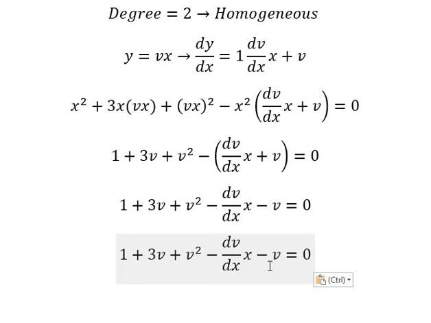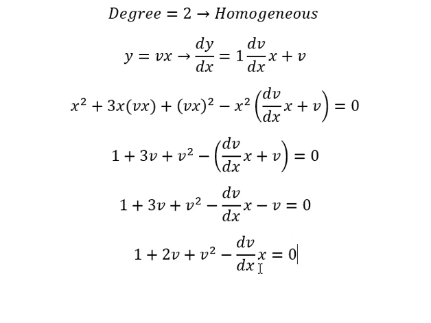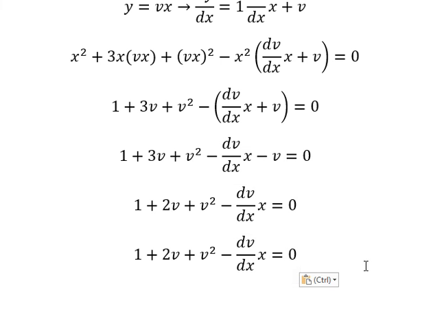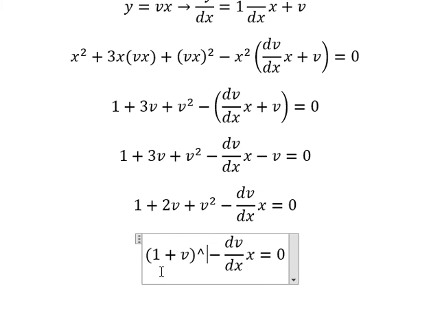So 3v minus v, we have 2v. This one is about identities, so we have 1 plus v everything to the power of 2.